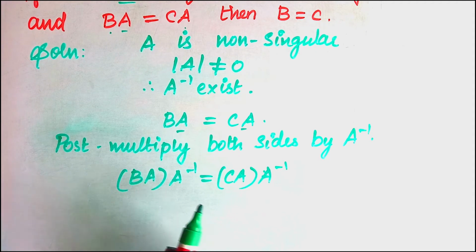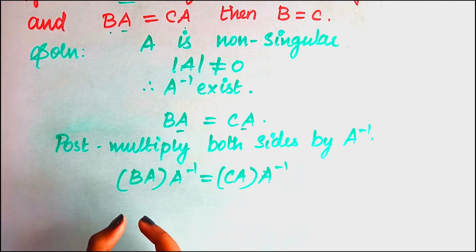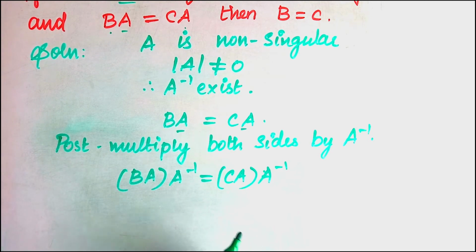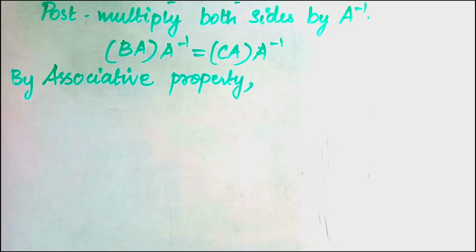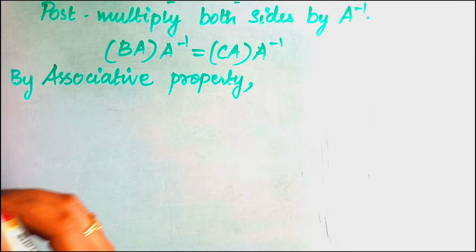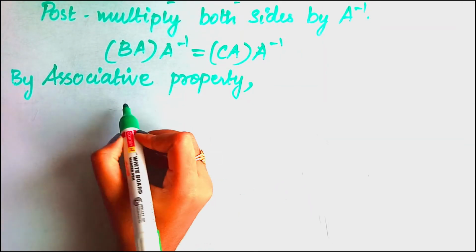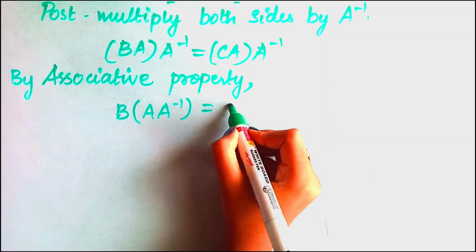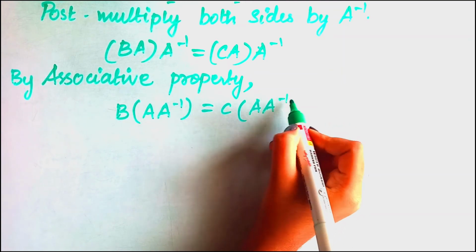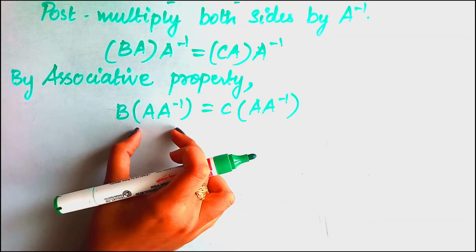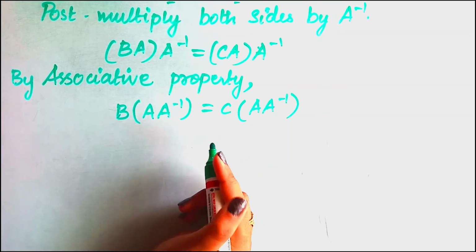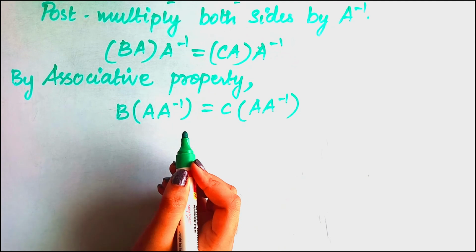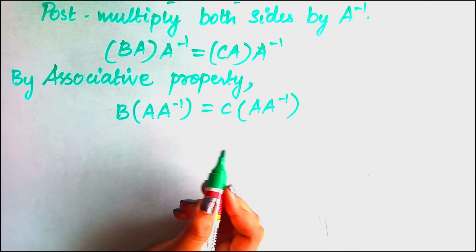Okay, now as I already said, we need to change these brackets, right? For changing these brackets, we are going to use a property called associative property. So by using associative property, you can change the brackets, which will give B into A inverse is equal to C into A inverse. In order to cancel this A into A inverse, we can cancel directly, but we need to use a property for this, and the property name is property of inverse matrix.